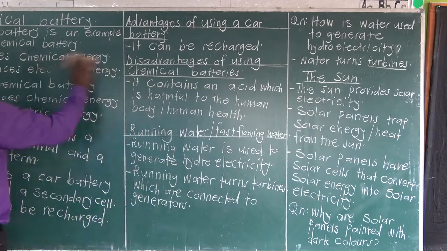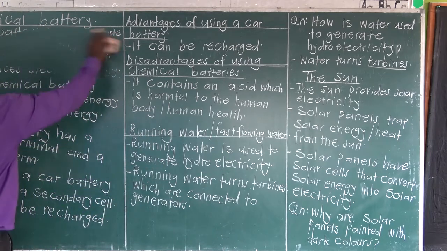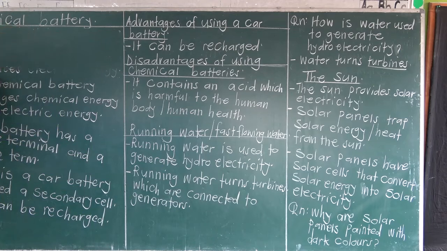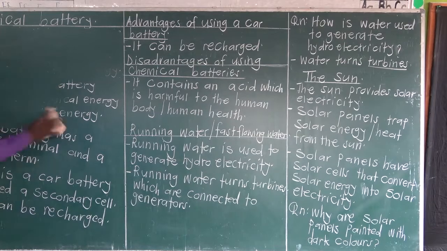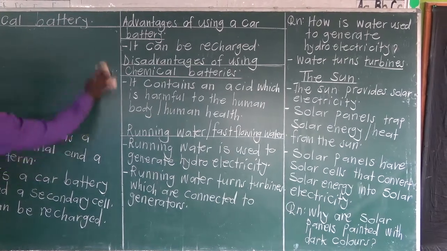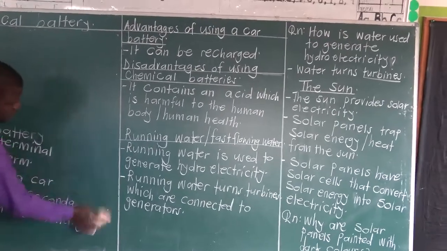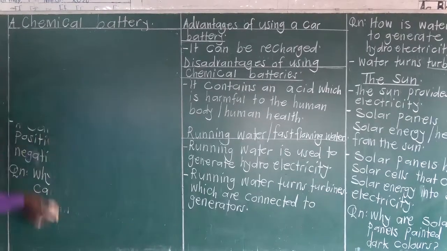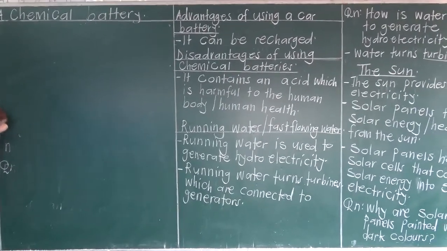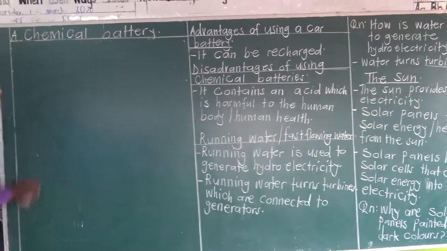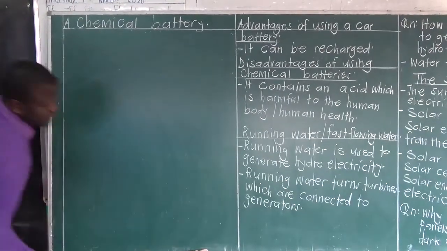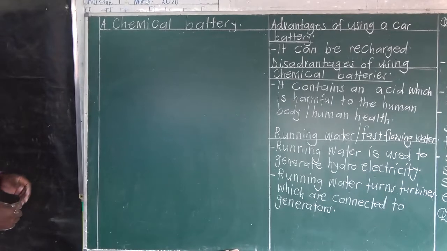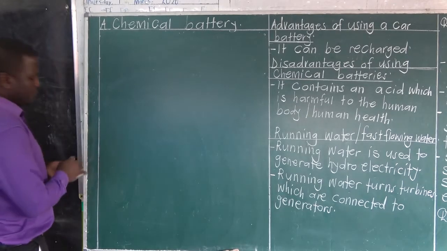The response would be to be able to trap heat from the sun. In P5, we looked at heat absorbers and heat reflectors. Objects which absorb heat are dark colored, and those which reflect heat are brightly colored. So solar panels are painted with dark colors to absorb heat from the sun.